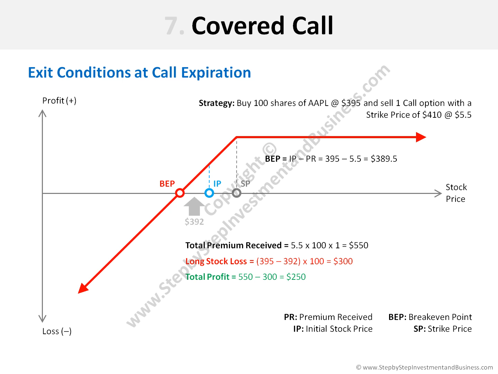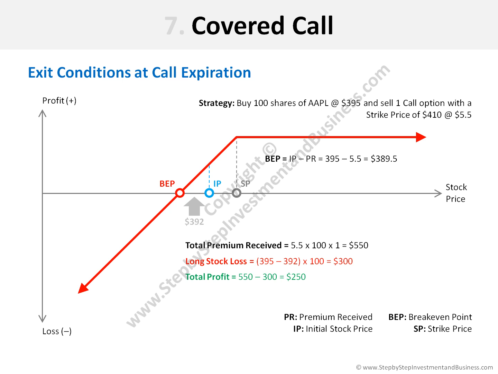In contrast, if at call expiration the stock price is between the break-even point and the initial price, for example, $392, in that case, we will have the following. The premium received for selling the call is always $550.